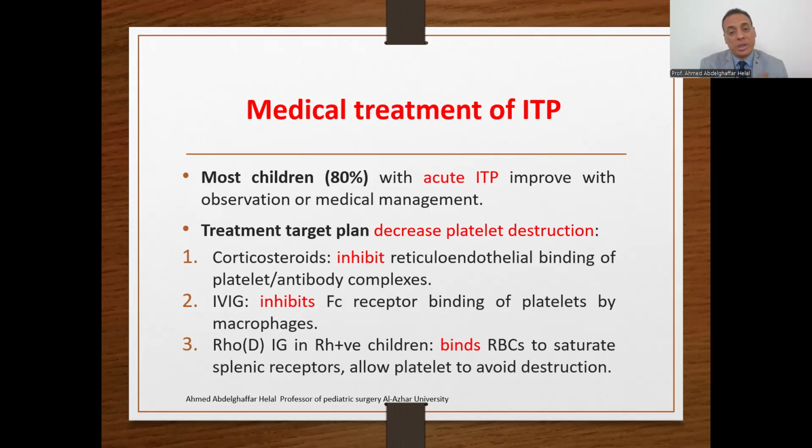How? Corticosteroids inhibit the binding of the platelet and antibody complexes, so decrease their destruction in the spleen. Intravenous immunoglobulin inhibits the receptor binding of the platelets to the macrophages inside the spleen. And also anti-D immunoglobulin in Rh positive patients will bind to the RBCs to saturate the splenic receptors, allowing the platelets to avoid destruction. So this is the medical management.